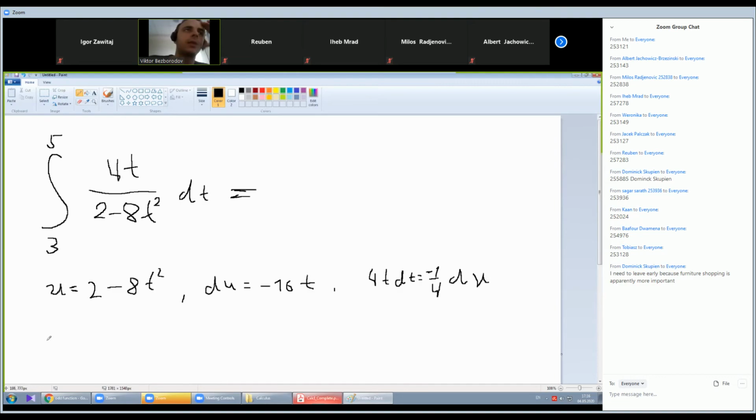And then the limits. So u of 3 equals what? 2 minus 8 times 9 is going to be -70, right? I hope that's correct.